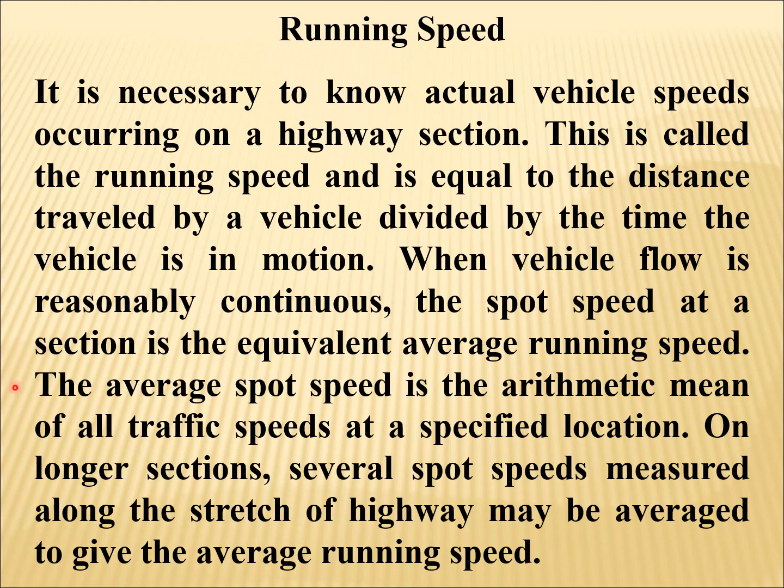The average spot speed is the arithmetic mean of all traffic speeds at a specified location. On longer sections, several spot speeds measured along the stretch of highway may be averaged to give the average running speed.